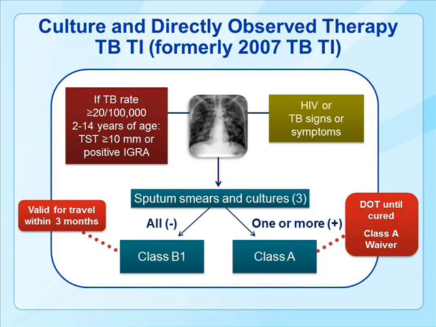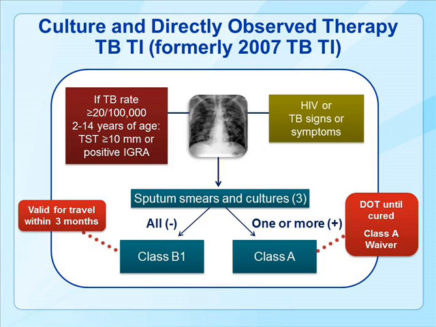So then basically this summarizes the travel validity periods, and again summarizes that if the TB rate is greater than or equal to 20 per 100,000, the children between 2 and 14 would have TST or interferon gamma release assay. If it was positive, then a chest X-ray. If the patient was HIV infected or had TB signs or symptoms, again, they'd get a chest X-ray. And if abnormal, they would have 3 sputum smears and cultures. If all negative, class B1.